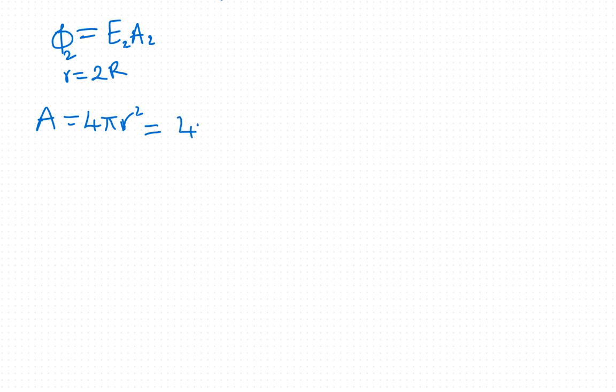So we have 4 pi times (2R) squared. 2 squared is 4, so that is 16 pi R squared.